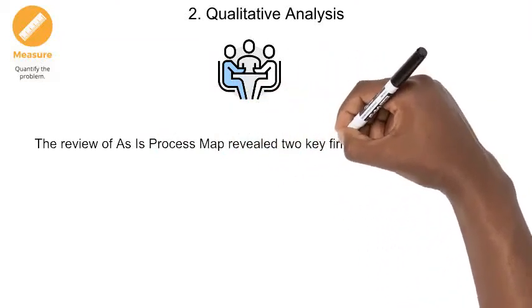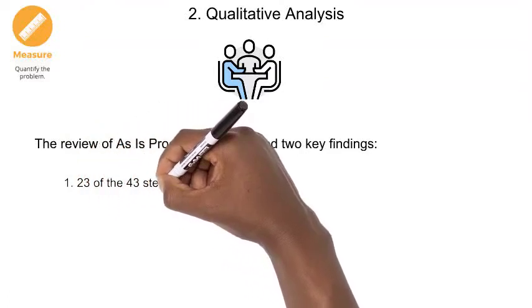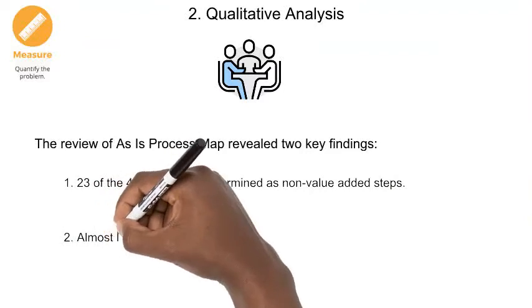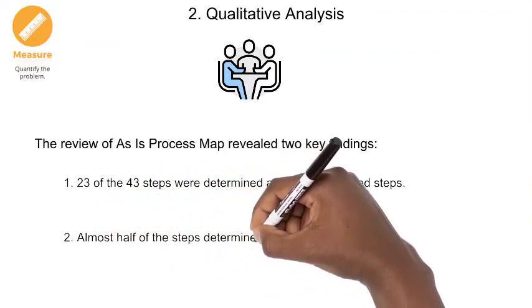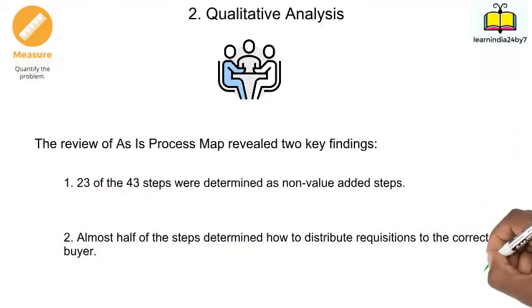The review of the as-is process map revealed two key findings. First, 23 out of 43 steps were determined to be non-value added steps, and almost half of the process steps were responsible for determining how to distribute requisitions to the correct buyer.